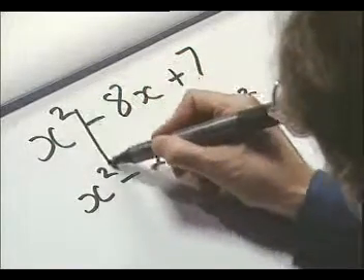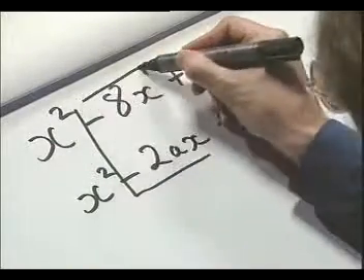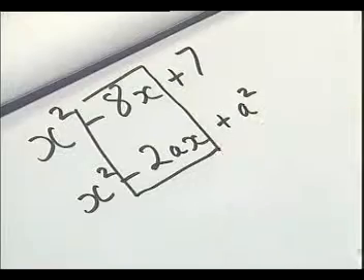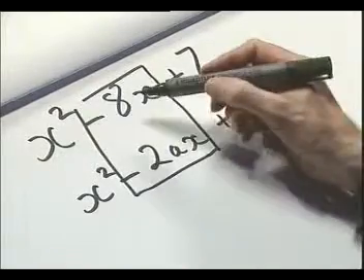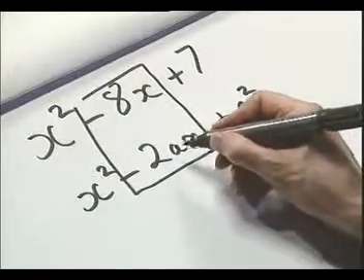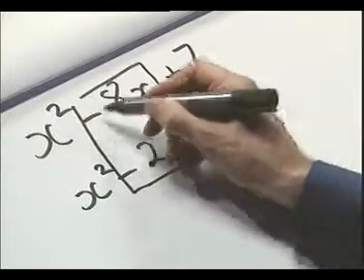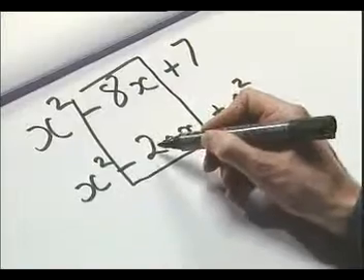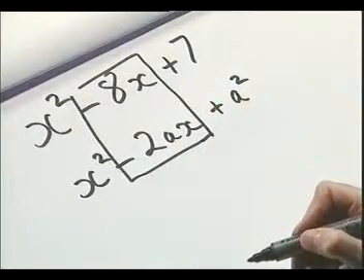And I want to make these two terms the same. So again, we can see that the a has got to be 4, because minus 8 is minus 2 times 4.